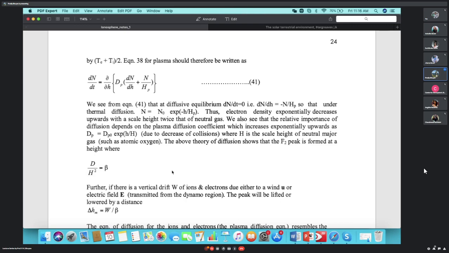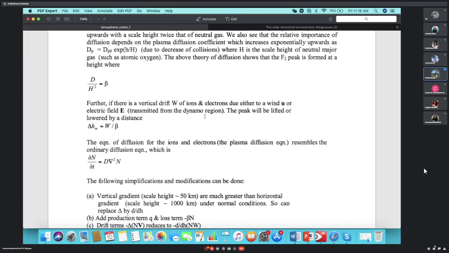Now, if there is a vertical drift W of ions and electrons due either to wind or electric field, then it is again slightly different.